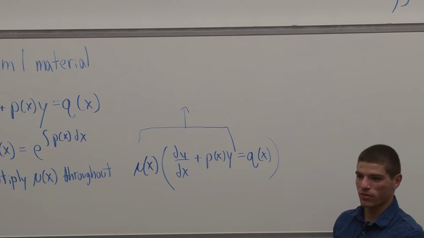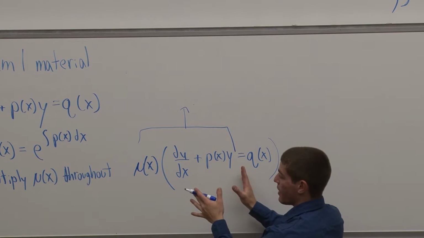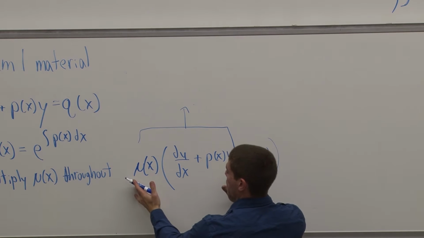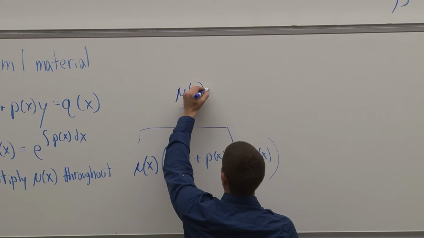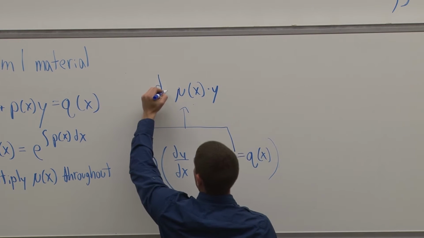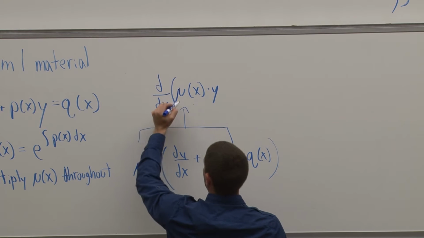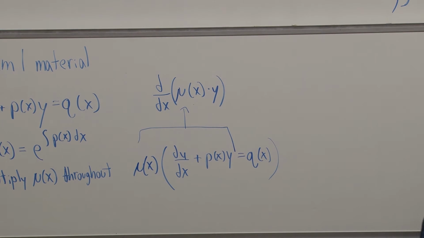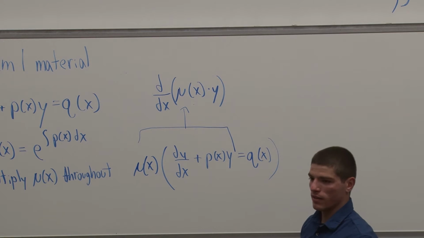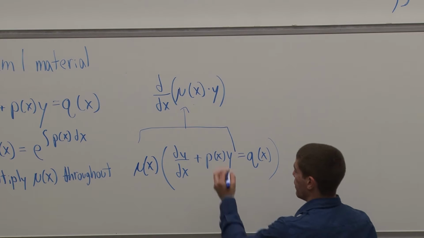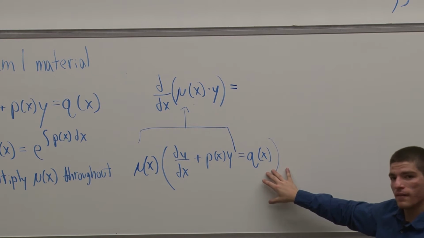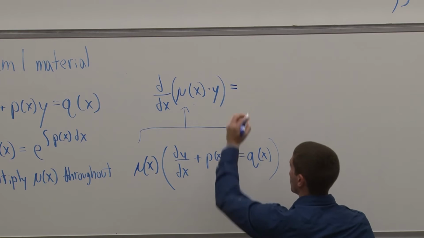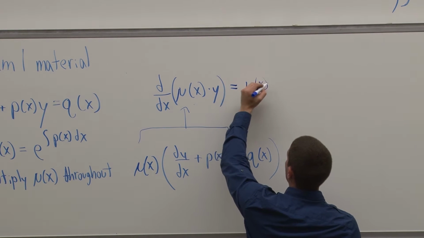So this new left side is equal to the derivative of mu of x times y. How and why, I don't know, but that's just a good thing to know. I'll say that again once we do an example. And this is still equal to the right side of this equation, q of x times mu of x. So mu of x, q of x.